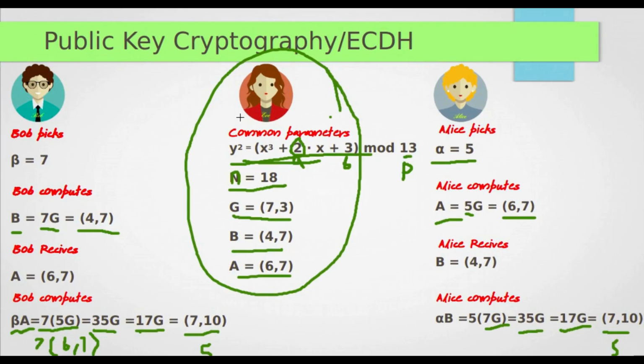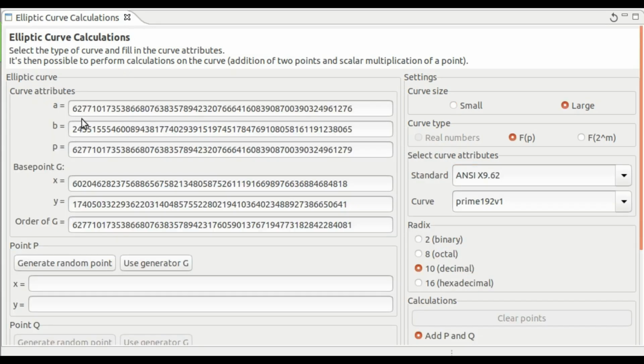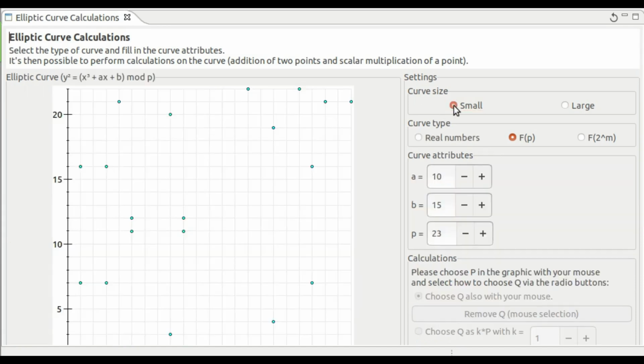Let's see a simple visualization for this problem. We took a small curve. In real cryptographic applications, parameters will be large. A, B and P are big numbers in real cryptographic applications. This is the base point. So for our understanding, we are taking a small curve.